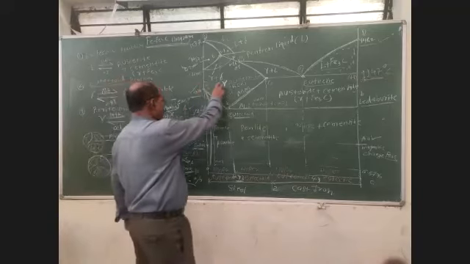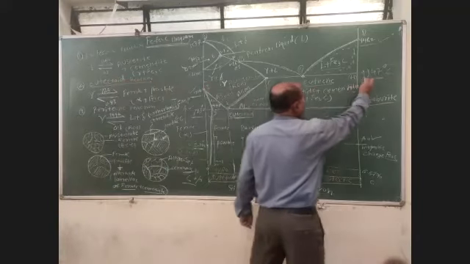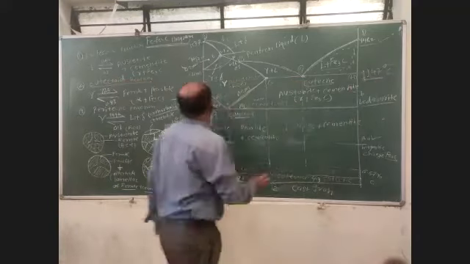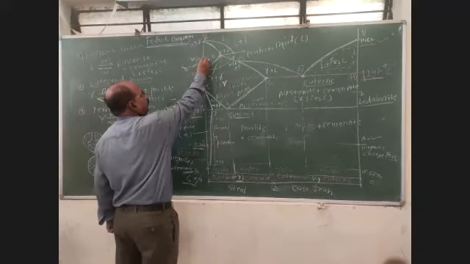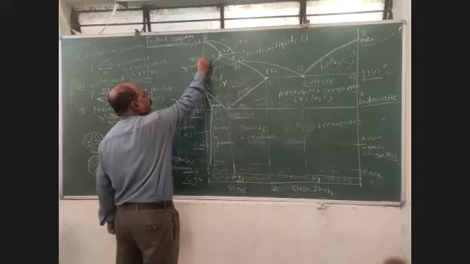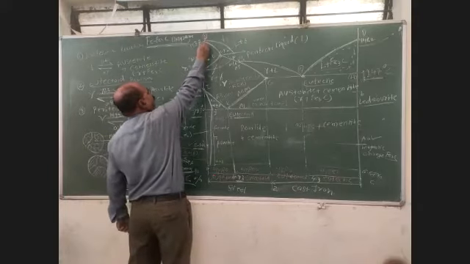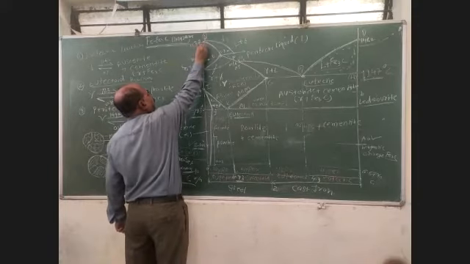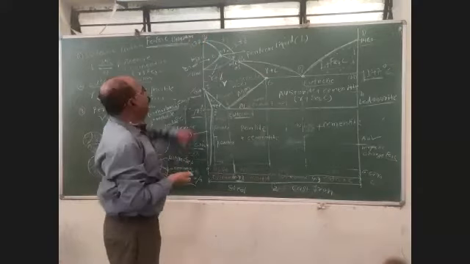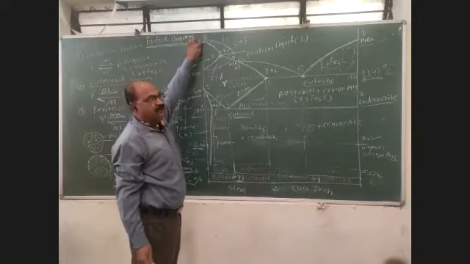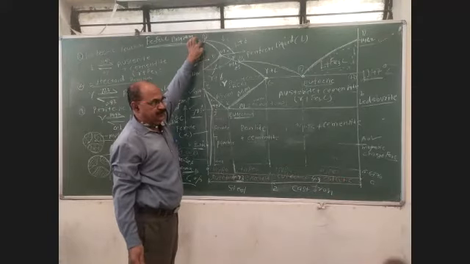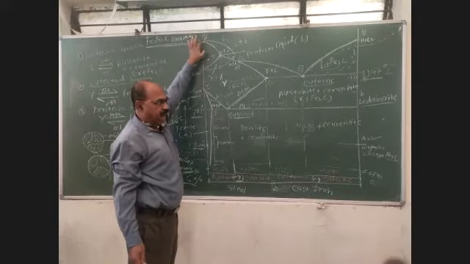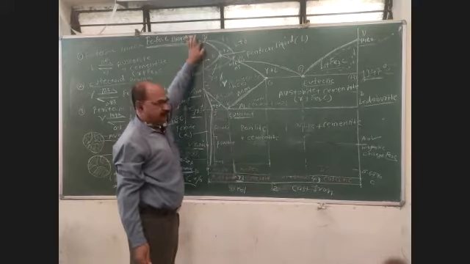After that, the next temperature 1147. After this, temperature 1400. Then here 1492, and here is 1537. This is actually the melting point, means iron will melt at this temperature.